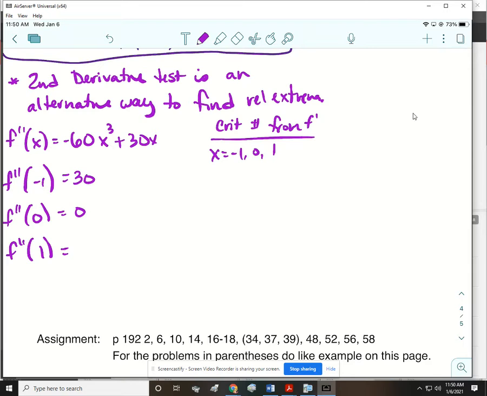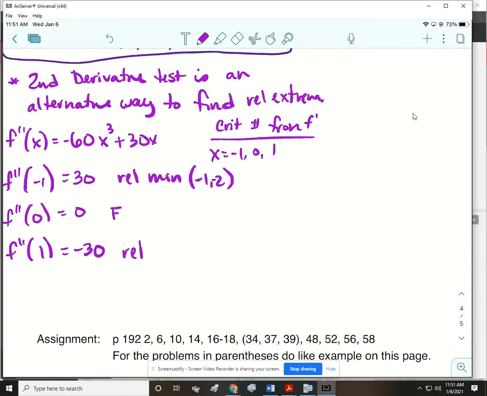And when we plug in 1, we're going to get -30. All right, so what that means is -1 is a critical number. When I plug it into the second derivative, I get positive. That means the function is concave up at that critical number, which creates a relative minimum at (-1, -2), which we found the other way.